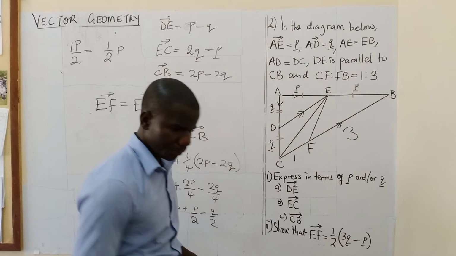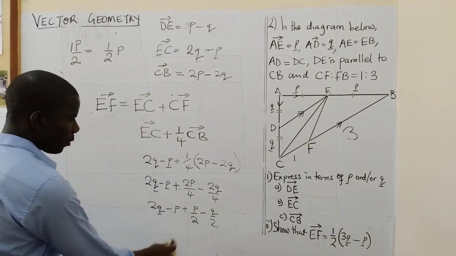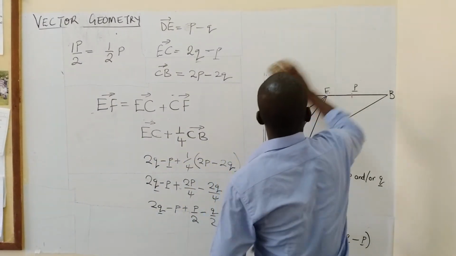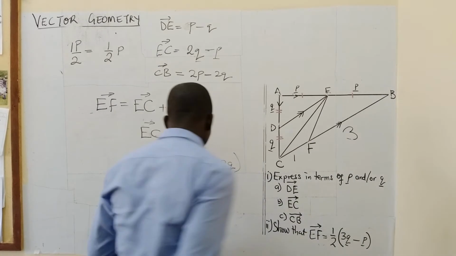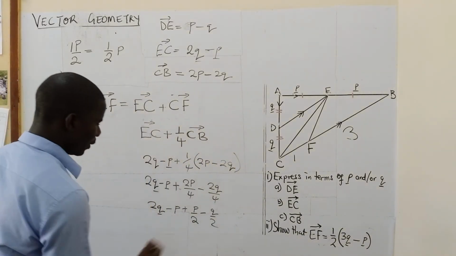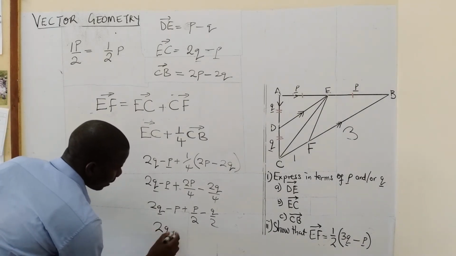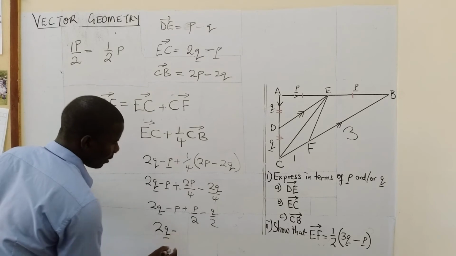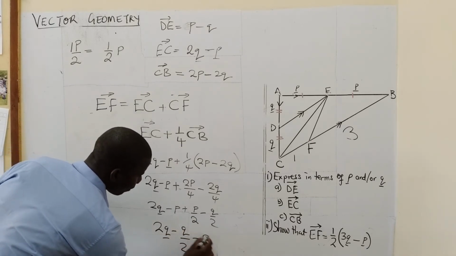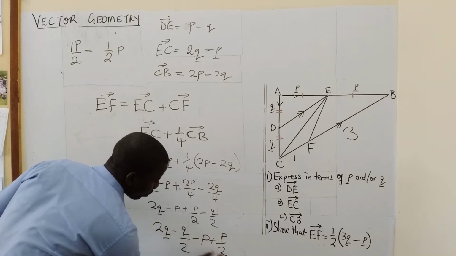So now, from this point, we need to collect the like terms together, which is going to be 2q, then minus q over 2, minus p plus p over 2.